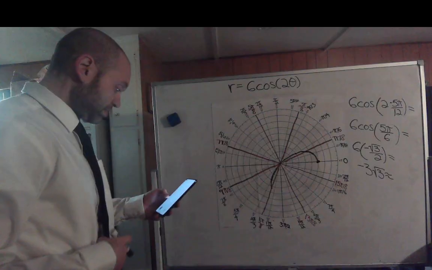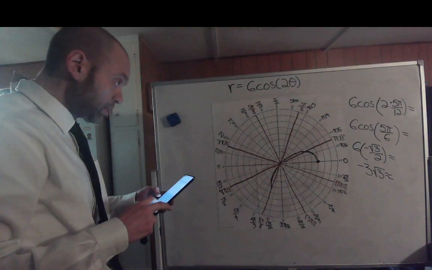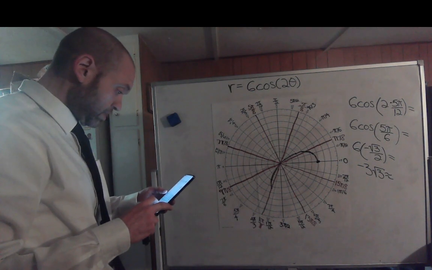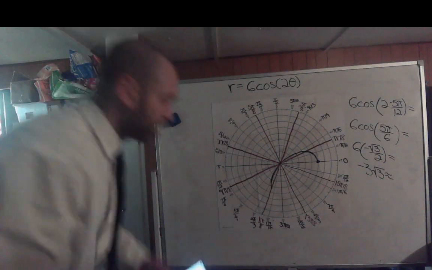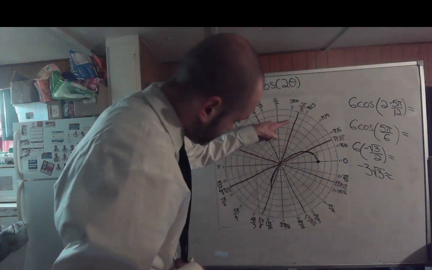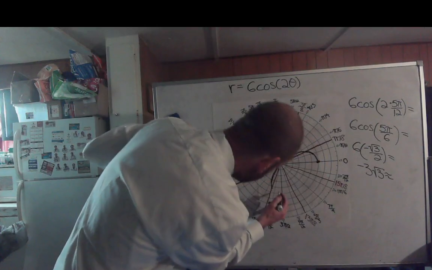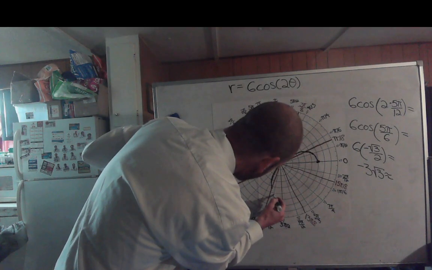Let's see what we get for a decimal approximation. We get about negative 5.2. So in the negative direction, we'll go down to 17 pi over 12. So about negative 5.2, that's about right there.